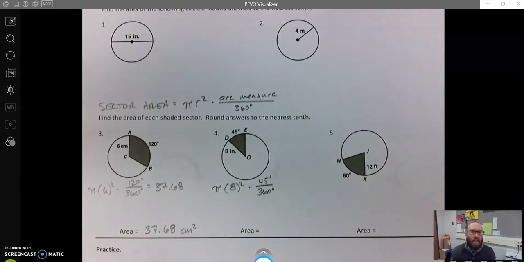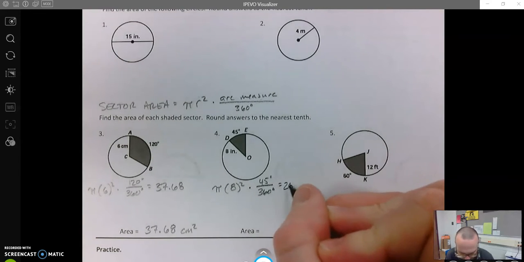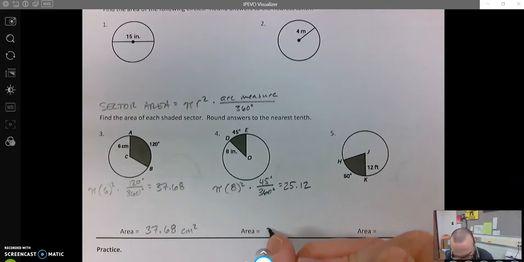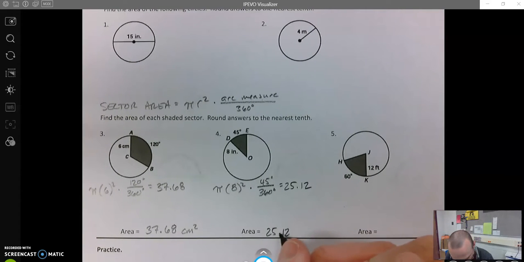And if I'm moving too fast, pause it, write this down, take those notes, slow yourself down, and come back to it. 3.14 times 8 squared times 45 over 360 is going to get me 25.12 square inches. That's going to be maybe roughly the size of a, well, that'd be a big frisbee. I don't know, pizza pan, something like that. Who knows?